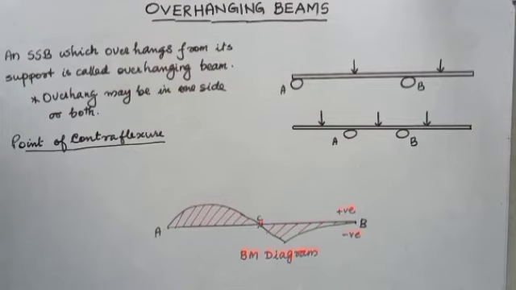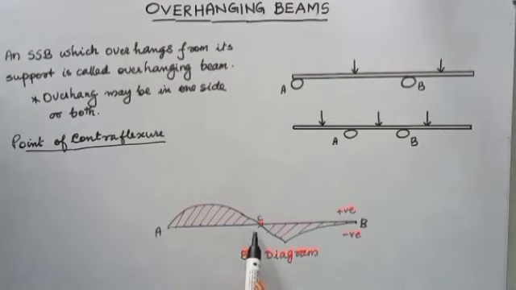Point of contraflexure. Here I have drawn an imaginary bending moment diagram, and AB is the central line, and the portion below this line is negative, and above that is positive. And one can see that at this point C, the bending moment diagram changes its sign.